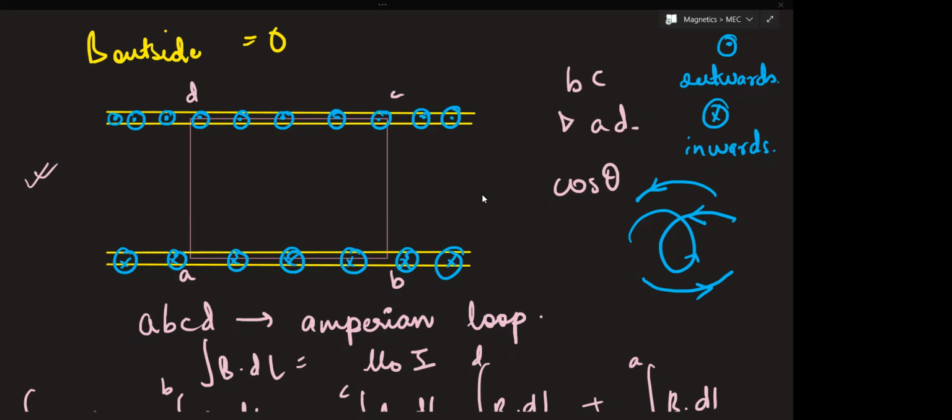Only two students have answered. See, it will be 90 degrees. That's right. For BC and AD, that will be 90 degrees. Cos theta will become what?